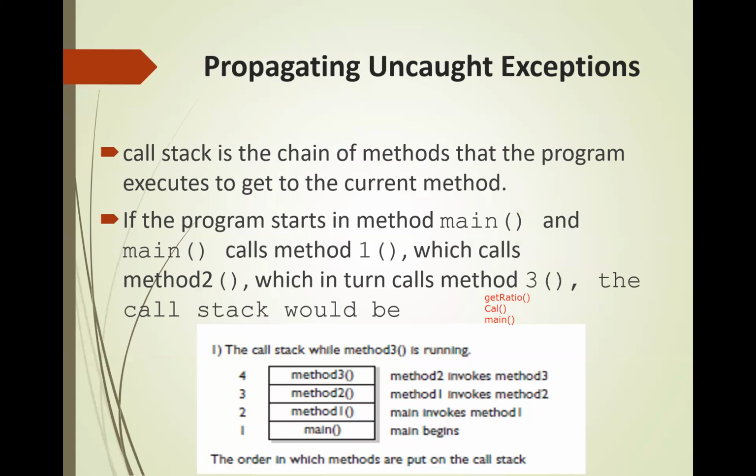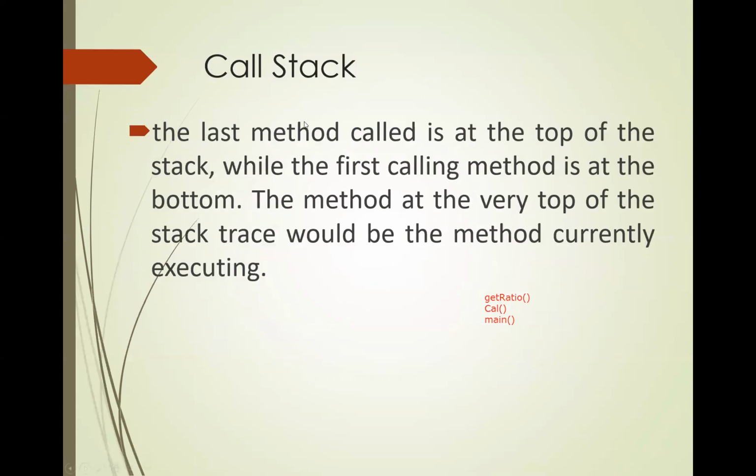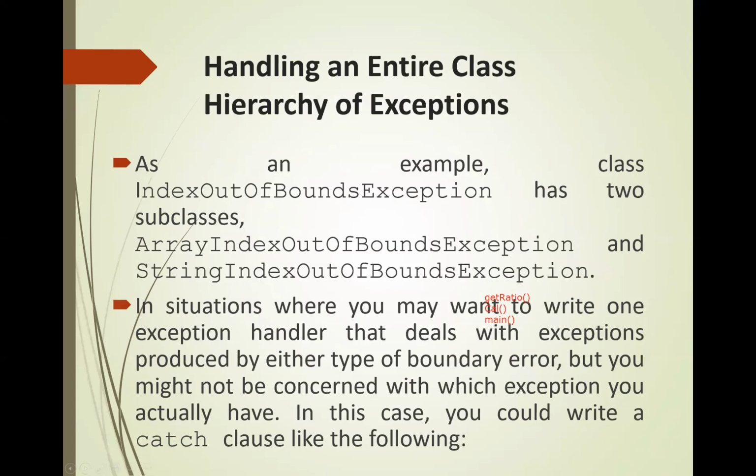Then the call stack I have explained. The last method call is at the top of the stack, while the first calling method is at the bottom. That's what we had: main, main calls cal, cal calls get ratio. And then handling the exception hierarchy, that also we discussed, because index out of bound and string index out of bound are subtypes of the index out of bound exception.